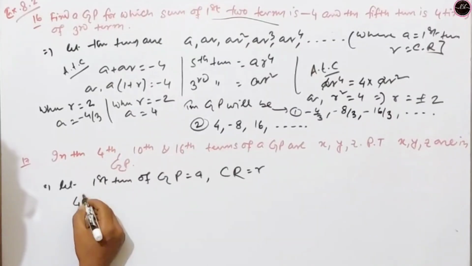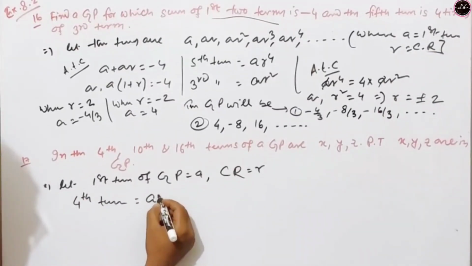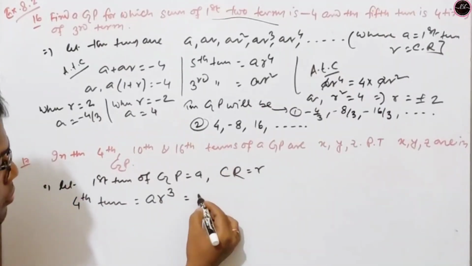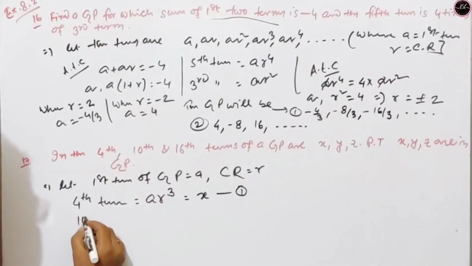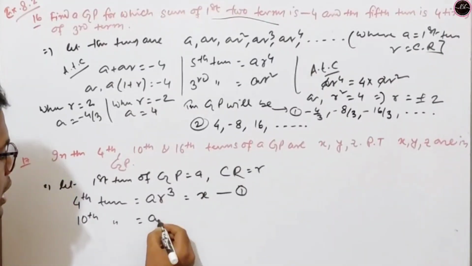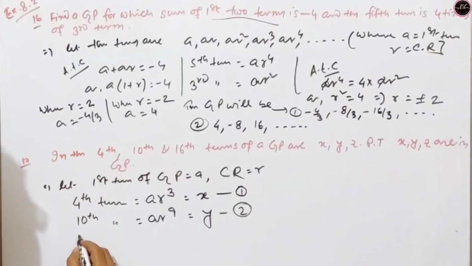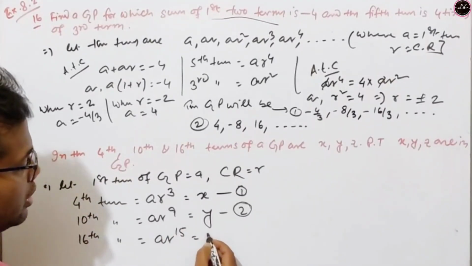So fourth term equal to ar cube, okay, equal to, by the condition, x. This is equation 1. And the 10th term equal to ar to the power 9, that means y. This is equation number 2. And the 16th term equal to ar to the power 15, that means z.